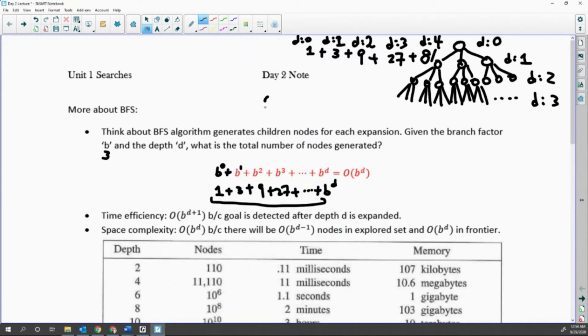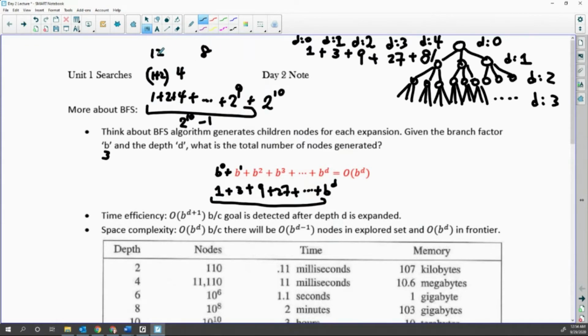The easiest one we can use is 2 to the 10th power: 1 plus 2 plus 4 up to 2 to the 9th power. The sum of all of them will be 1 less than 2 to the 10th power. 4 is 1 more than 1 plus 2. 8 is 1 more than 1 plus 2 plus 4. 16 is 1 more than 1 plus 2 plus 4 plus 8.